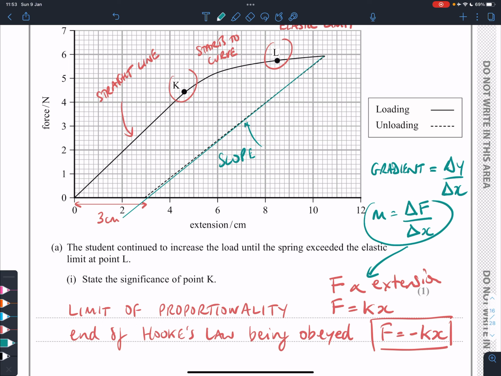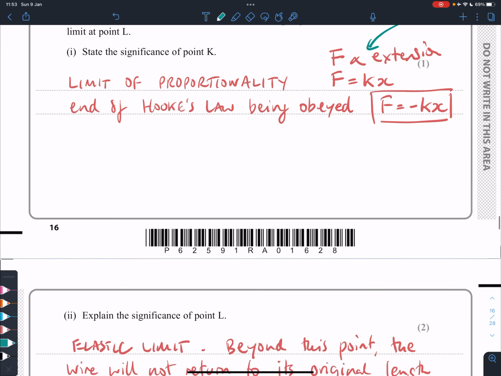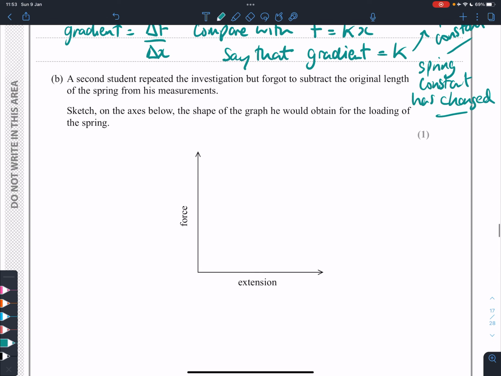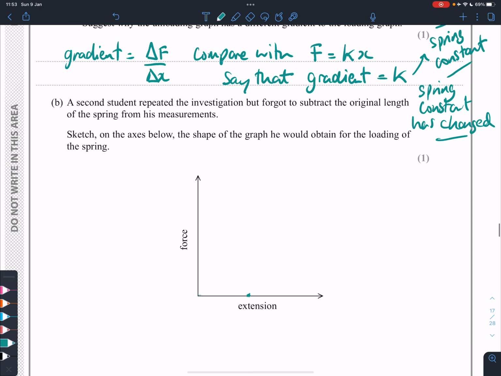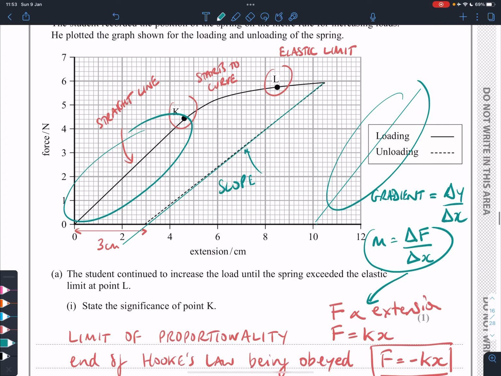It means your graph is going to start from about here, and it should look the same, more or less, as the original one, but instead of the extension starting at 0, it will be starting somewhere like plus 10. Then you draw the same shape graph, which will be something like that.